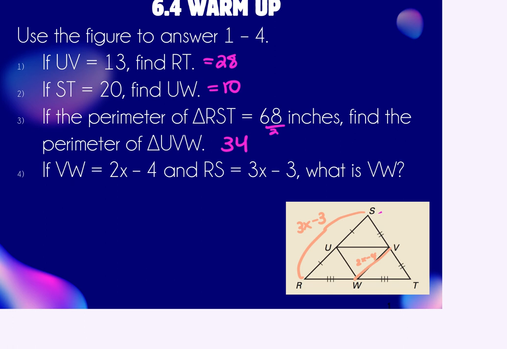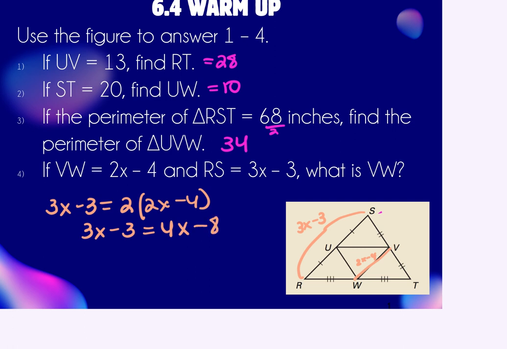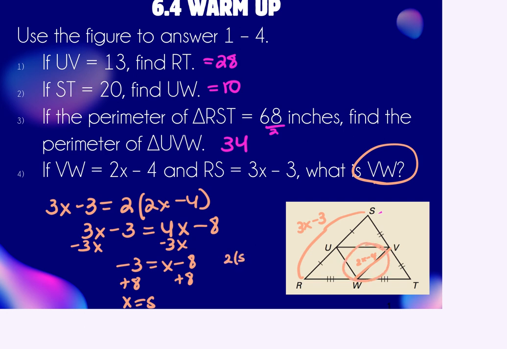I would say that 3x minus 3 equals 2 times 2x minus 4. Subtract that 3x. Add the 8. X is 5, and it wants VW. So I'm going to take the 2 times the 5 minus 4. And VW is 6.